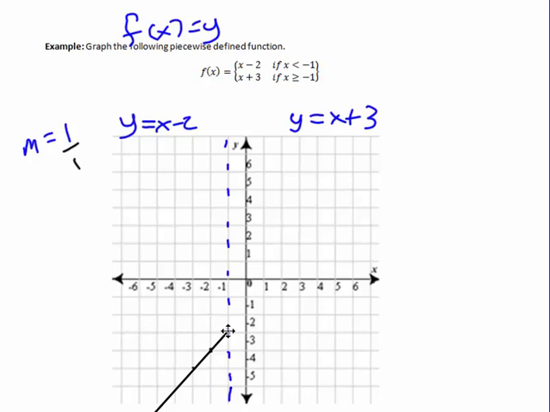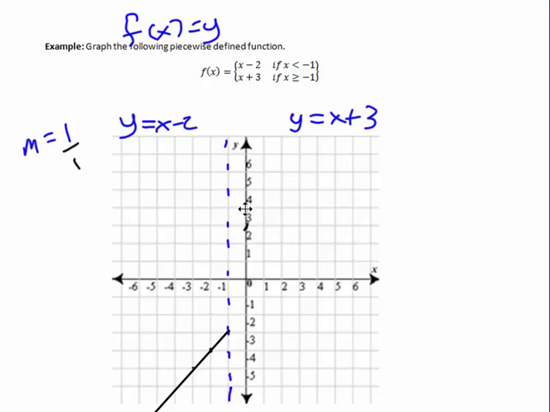Just like so. And then I want to graph the other one here. So this is y equals x plus 3. All right, so my y-intercept is 3, so I'm going to cross here at 3. So I touch at 3.